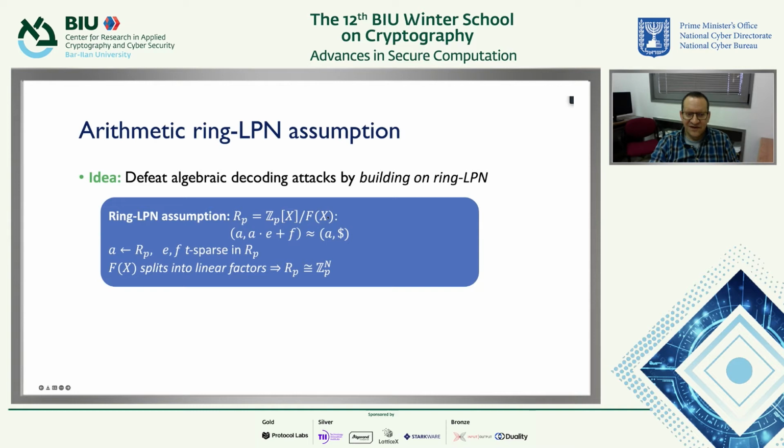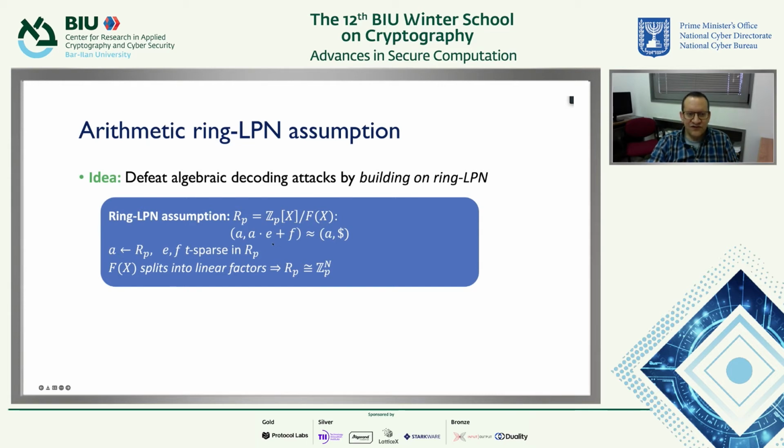We will talk later about different choices of f, but let me just say that for the most useful correlations, OLEs and triples, we actually want this polynomial f to split into linear factors, because in this case, we have the same property that we have for Reed-Solomon code. We can think of the ring as being isomorphic, homomorphic with respect to the evaluations. So it's isomorphic to Z_p^n with pointwise additions and multiplications.